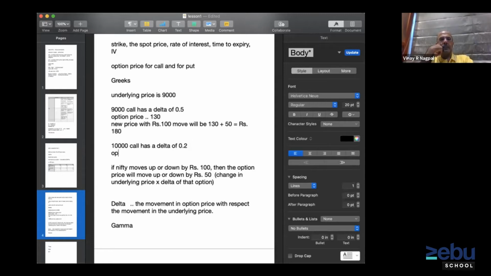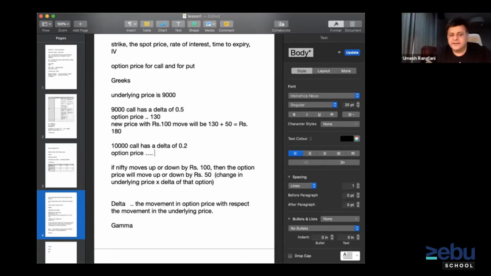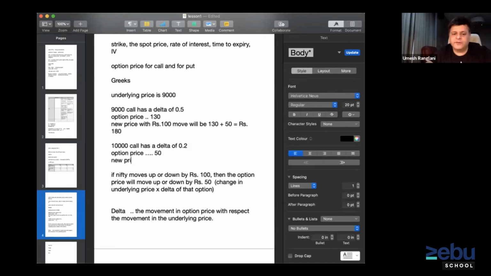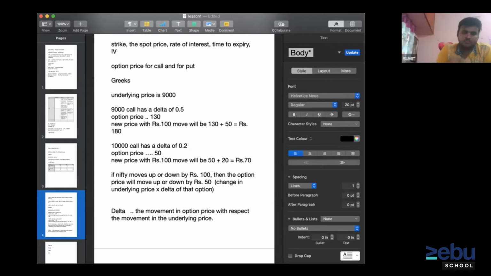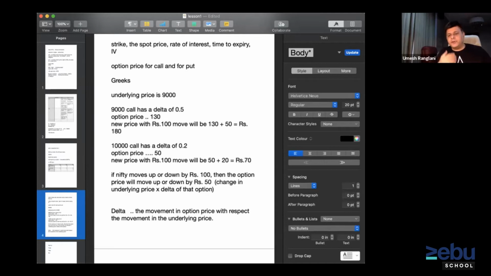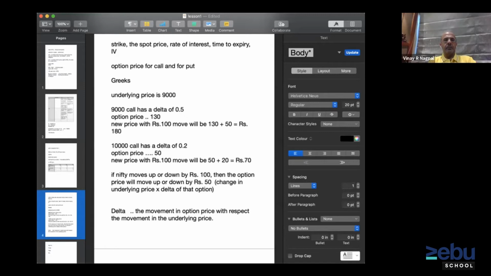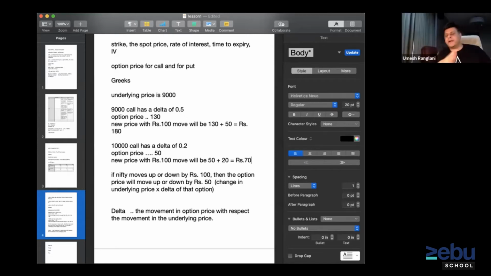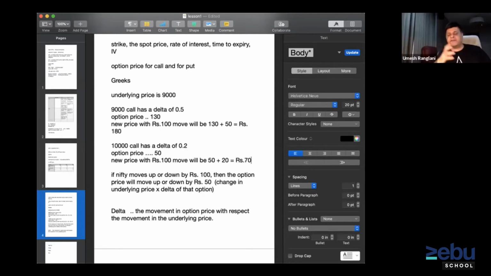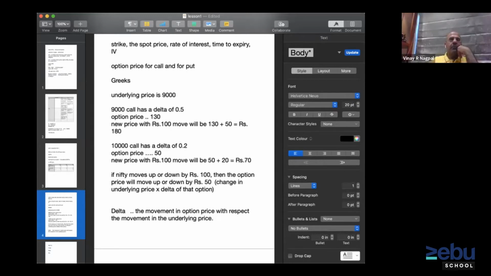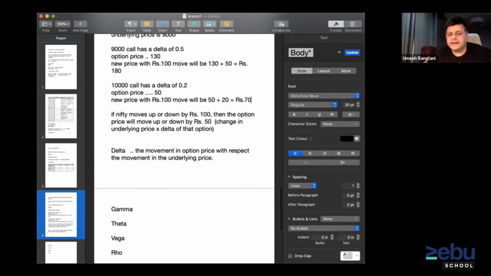If the option price of the 10,000 call was, let's say, 50, the new price with a 100 rupee move will be 50 plus 20, 70 rupees. Correct. So now we've got how to calculate the new option price. We are able to predict the option price just by having the delta. If the underlying moves by this much, then I know that the new option price will be this much. You can apply this to the whole option chain, so it's a very important tool. So this is what delta means.